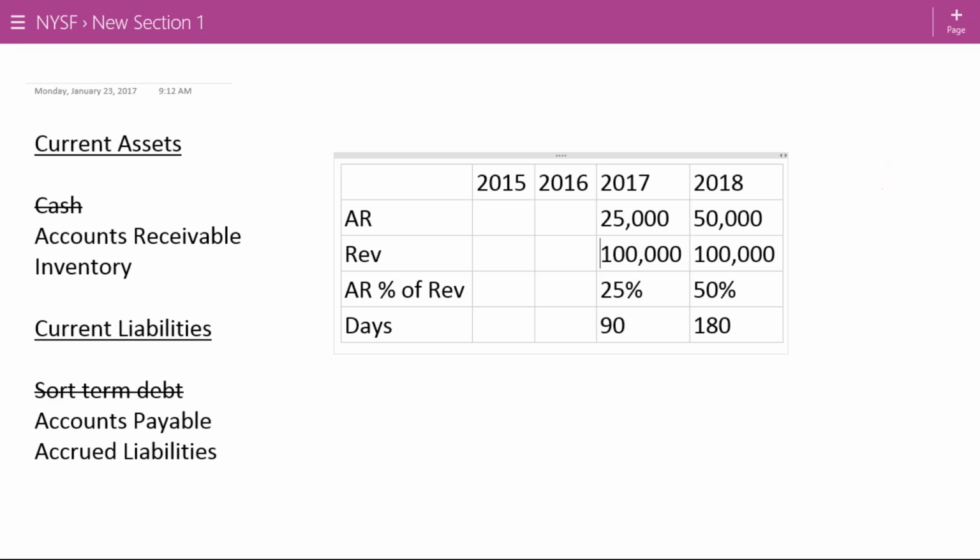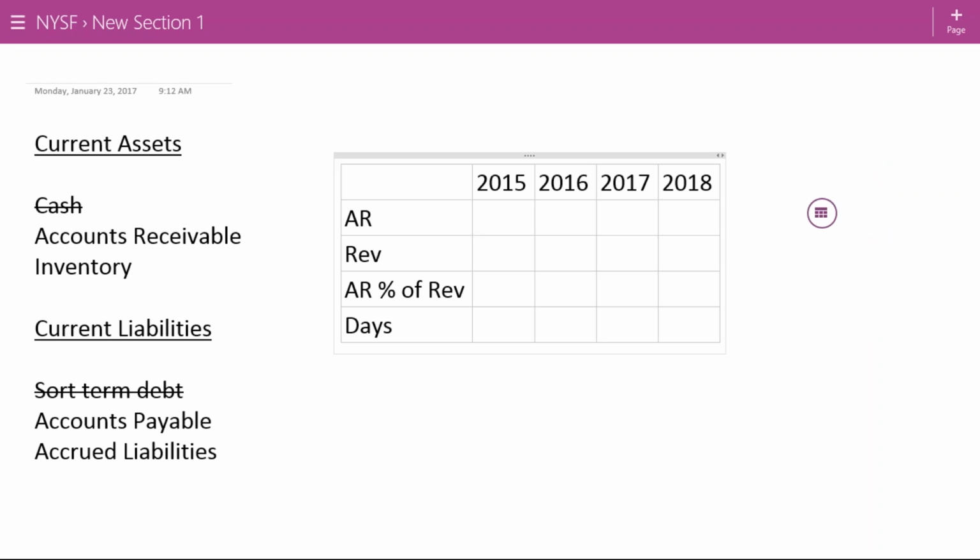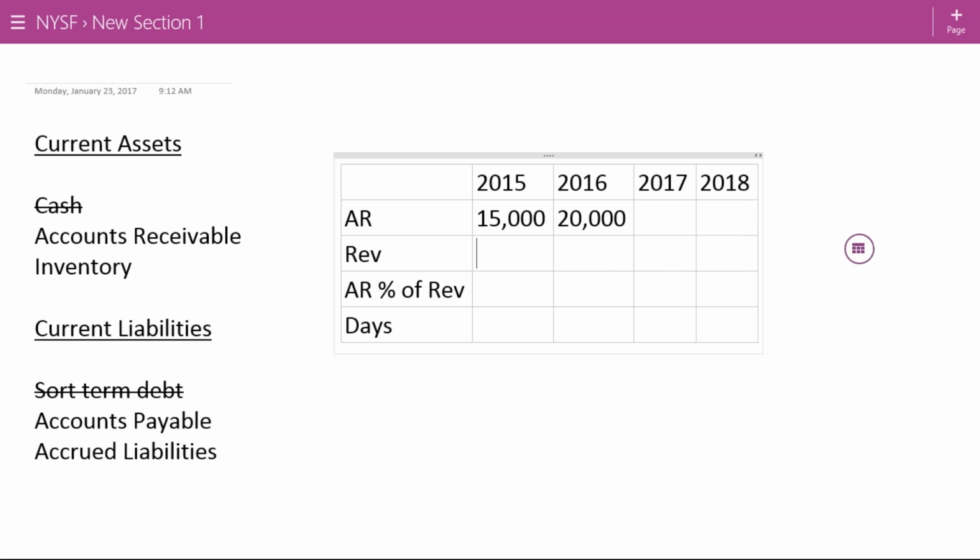And let's say we don't know what our future AR is going to be. Okay, let's say historically, 2015 we had 15,000, 2016 we had 20,000, revenue we had 50,000. Okay. Now, I told you for 2016 to take the AR divided by revenue times 360, basically.